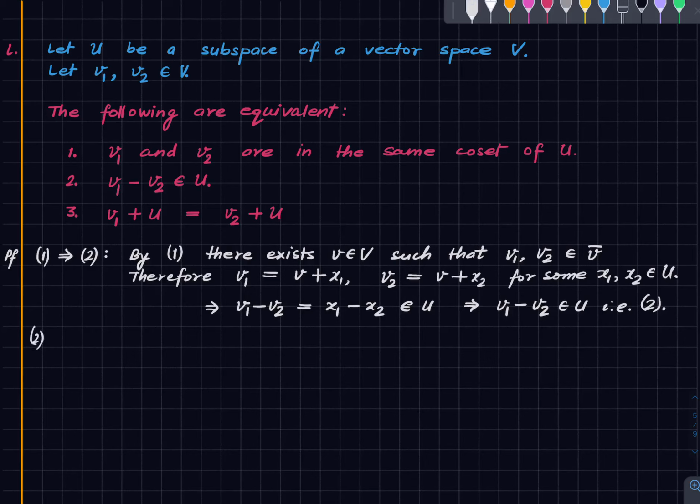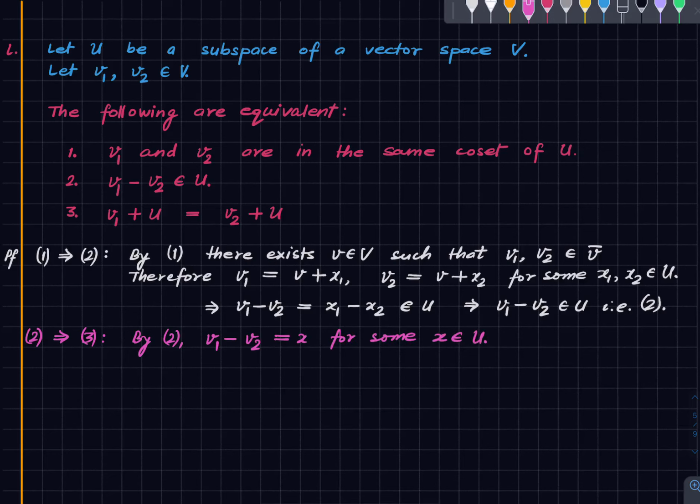2 implies 3. Okay, so by 2, there is x in U such that, maybe I'll change the color so that you can discern. Let's use pink maybe. So by 2, v1 minus v2 is equal to x for some x in U. Alright.